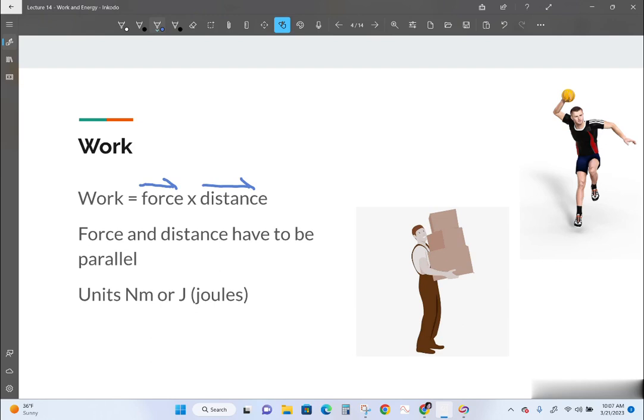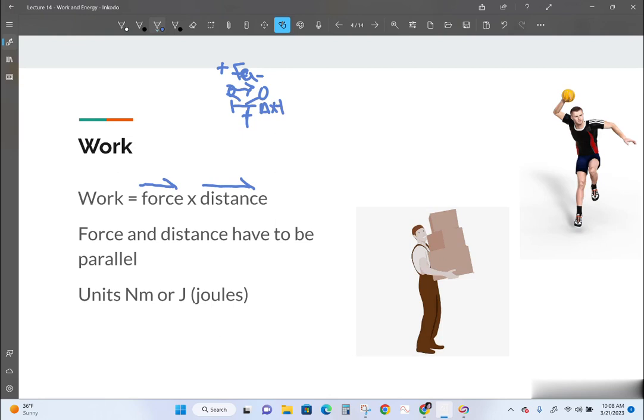So let's imagine that you're throwing a ball, and you started here, and then you threw it this way. So you applied a force to the right, and it moved to the right. And that gave it some kinetic energy when it came to a stop. So the force that you applied to it is a positive number, and the displacement is a positive number simply because they're in the same direction.